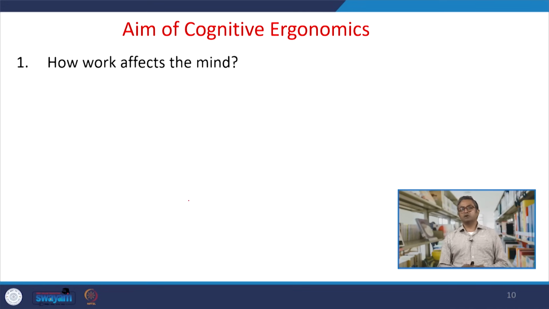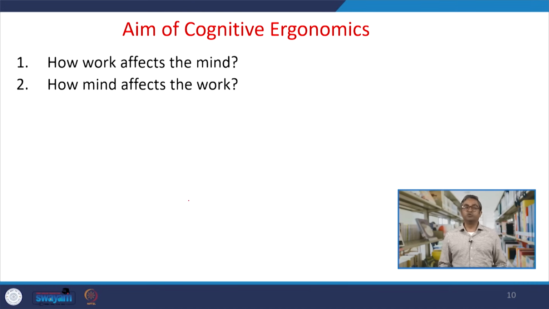Now, what cognitive ergonomics is aiming to address is to understand how work is affecting the mind, how work is modulating and changing the mental processes, to what extent it shapes your mind, to what extent it provides you an easiness to change yourself and adjust according to the environment.